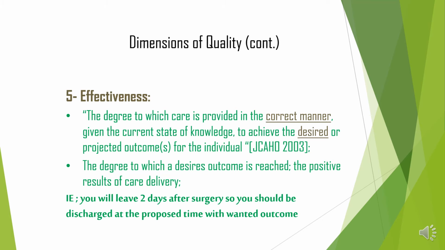Correct manner, given the current state of knowledge, to achieve the desired or projected outcome for individuals. So any services that give the desired outcome is effectiveness. It is the degree to which the desired outcome is reached. Whenever we reach the desired outcome, it is effectiveness. The positive results of the care delivery, any positive results, are effectiveness.